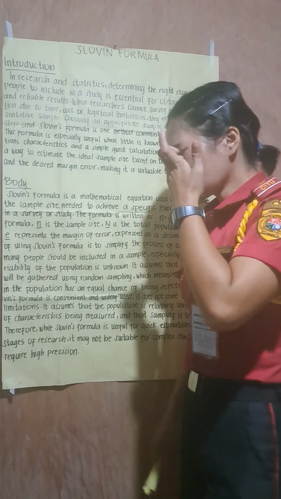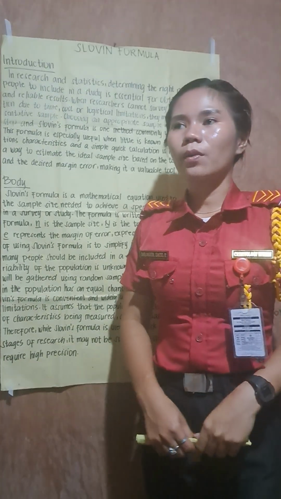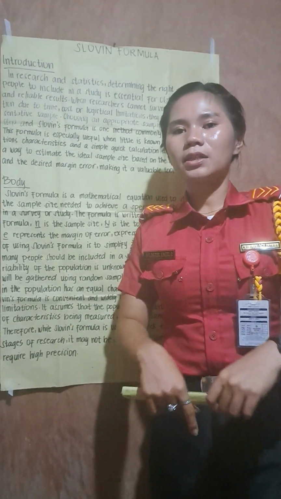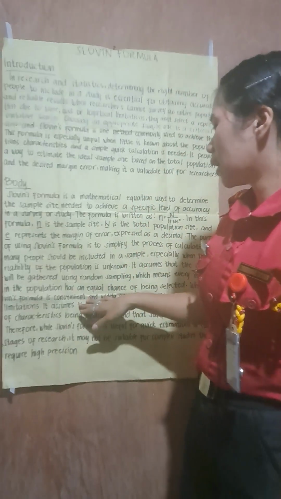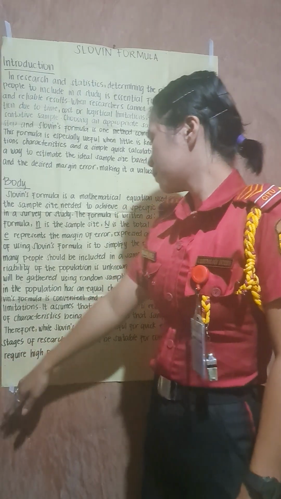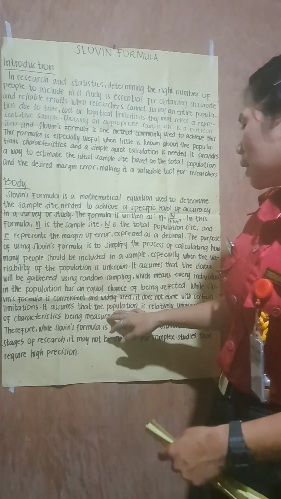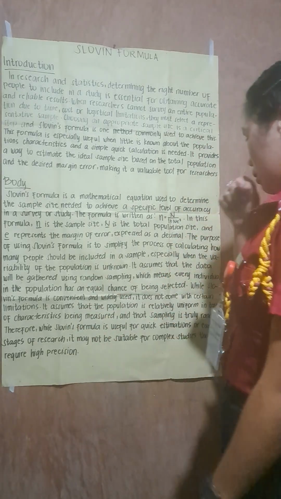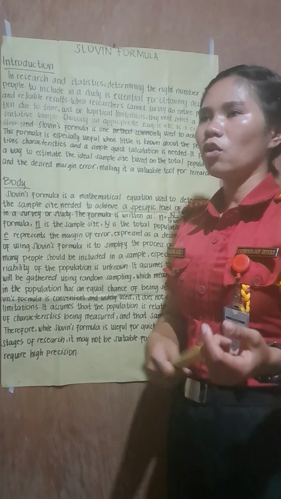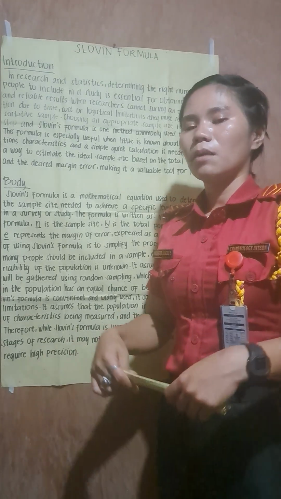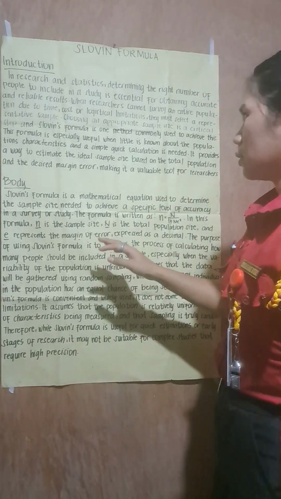So, di ba, dili naman nimo kailangan surveyhon ang whole population. So, naay possibility nga ang pagpili is random lang. Then naay chance of being selected ang uban, dili ma-select nga mo'y surveyhan sa ilang study.